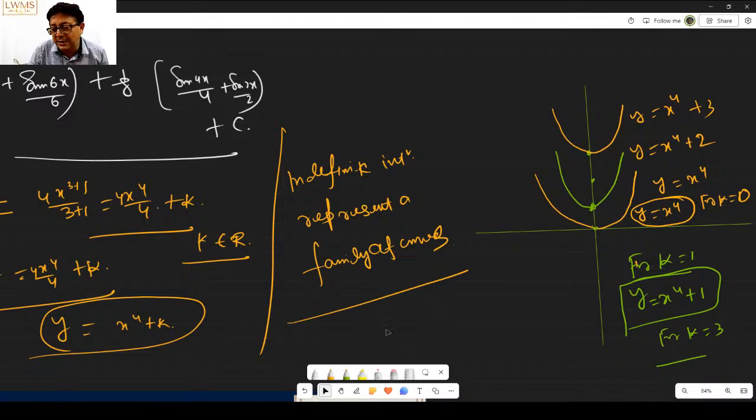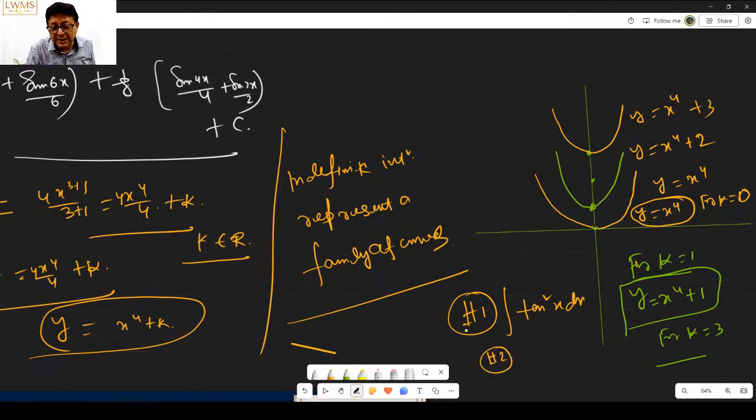Now let us practice more. We have just started integration. Now let us do many more sums. I bring it. You start with this example. Number 1, I am doing, say, tan square x dx.